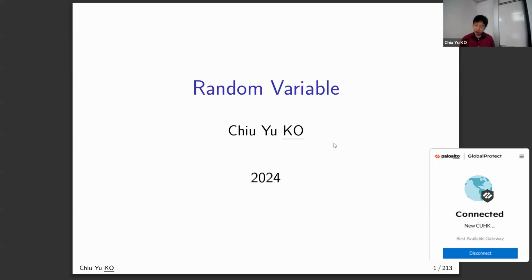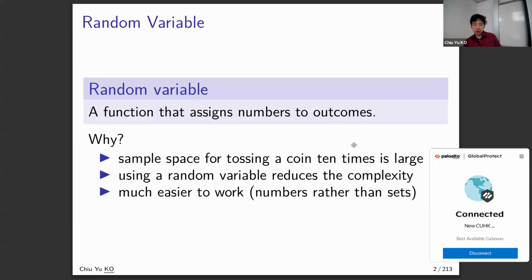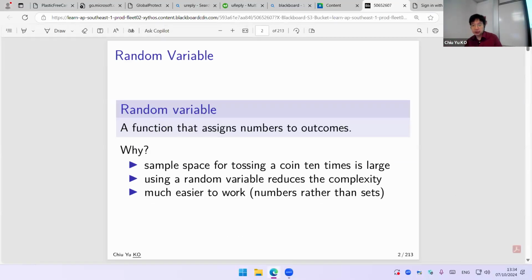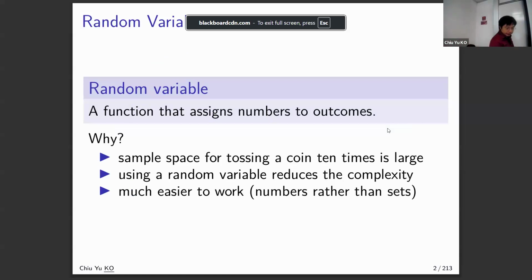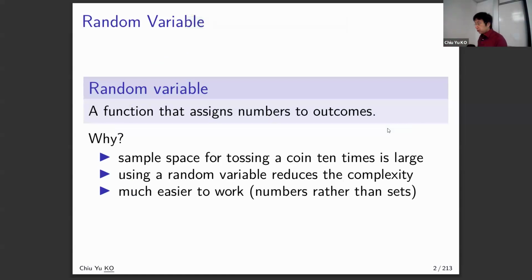Actually, this part we studied in great detail: the idea of random variable. Just to reiterate why we need that, it is for two reasons. One is the sample space is usually very big. The number of outcomes depends on how complex you want to describe the world, and it can be very complicated.